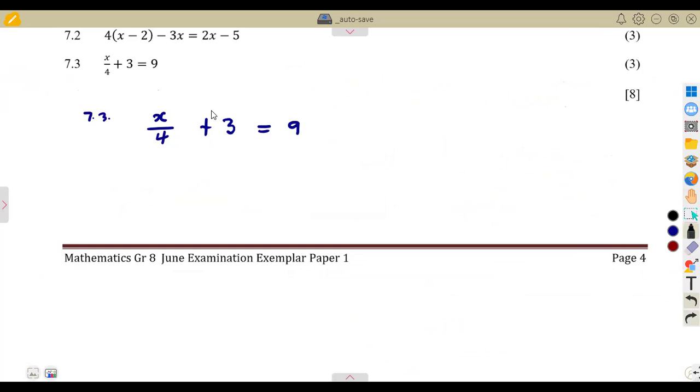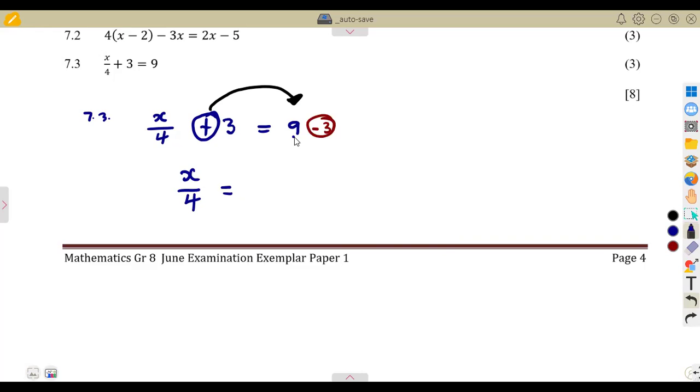So I can transpose. I can make it jump the equal sign to where another number is, where this 9 is. So it is going to be x over 4 is equal to, the moment it jumps the equal sign, it must change its sign. So it is going to be a -3 on this side.